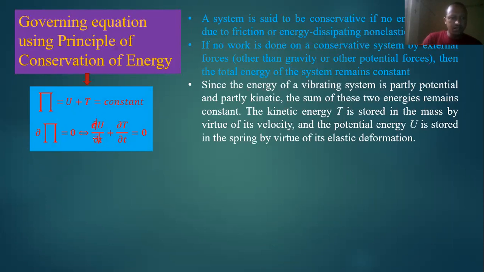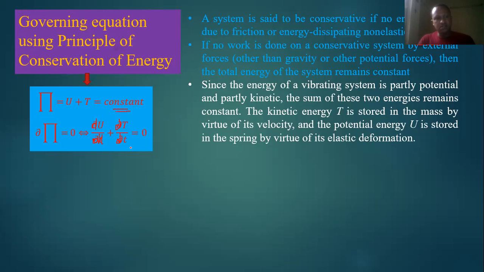It is not a partial differential, but anyway, it can be used as is, no problem. Here U and T are the potential and kinetic energies: T is the kinetic energy, U is the potential energy. Their derivative is equal to 0 because the sum is constant.